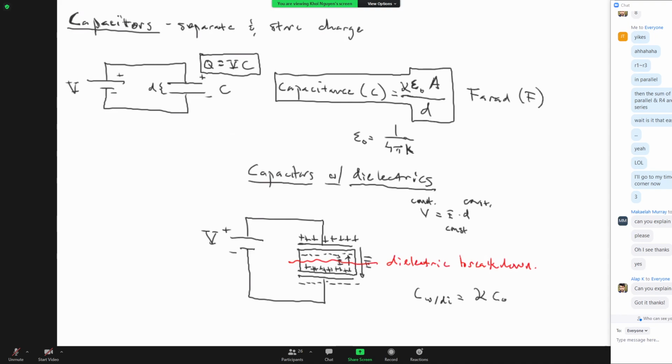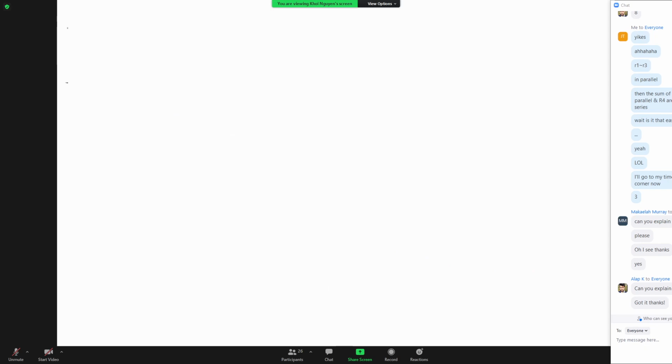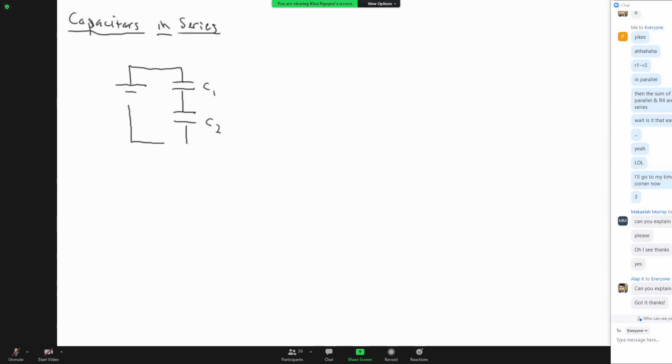Let's take a look at capacitors in series and then capacitors in parallel, and then we'll look at RC circuits. With things in series, we're still using Kirchhoff's rules. We'll call this C1, we'll call this C2.